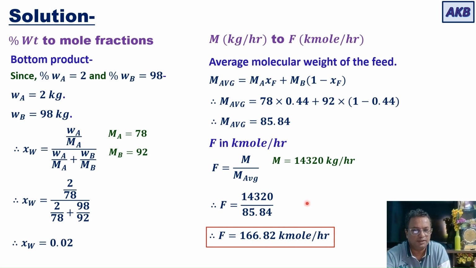In this way, we have converted mass flow rate into kilomole per hour. And for this conversion, we need to use the average molecular weight, because the feed is not a pure single component. It is a mixture, or a solution of two components. That's why we need to use the average molecular weight.